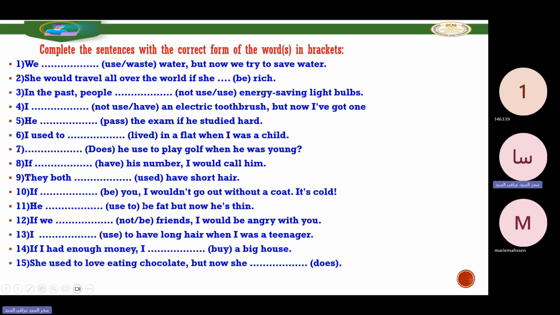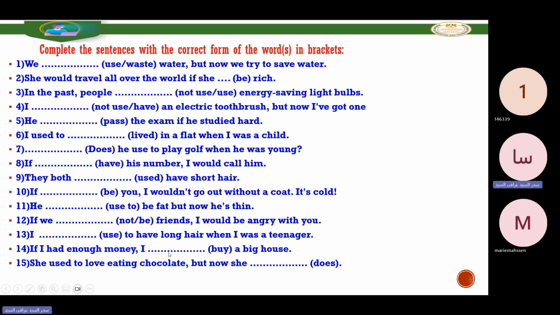So now he's thin. So before he was what? If we not be friends, I would be angry with you. 13. I used to have long hair when I was a teenager. When I was. So the sentence here should be what? If I had enough money, I buy a big house. We have had here, past simple.